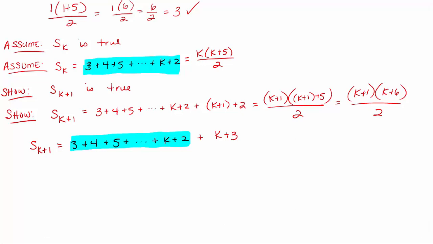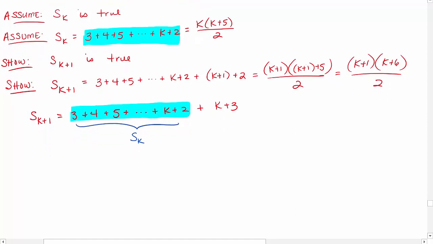So we are going to substitute, since this here is equal to S sub k, k times k plus 5 over 2 in for that portion. K times k plus 5 over 2, and now we still have this plus k plus 3. We want to add these together.